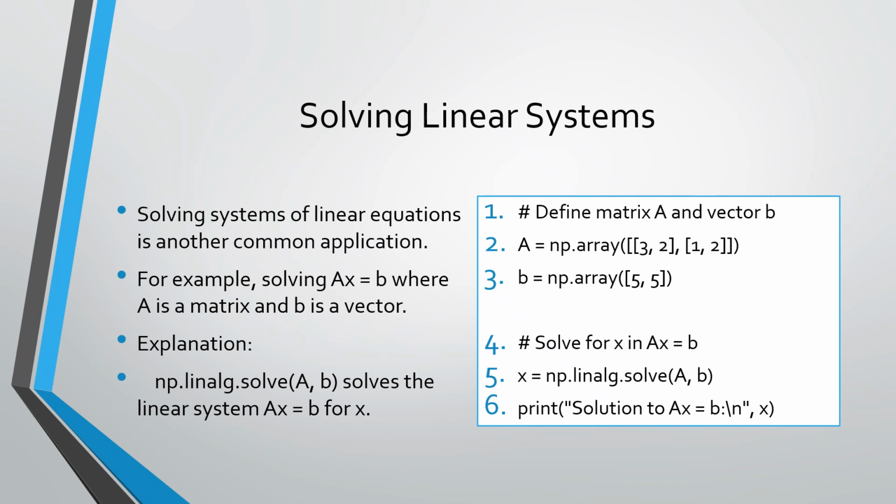The next function is the linear system solver. We have an equation like Ax = B, where A is a matrix, and X and B are vectors. We take the dot product of matrix A and vector X. For example, A contains values 3, 2, 1, 1, 2 in this matrix, and the vector B contains values 5, 5.